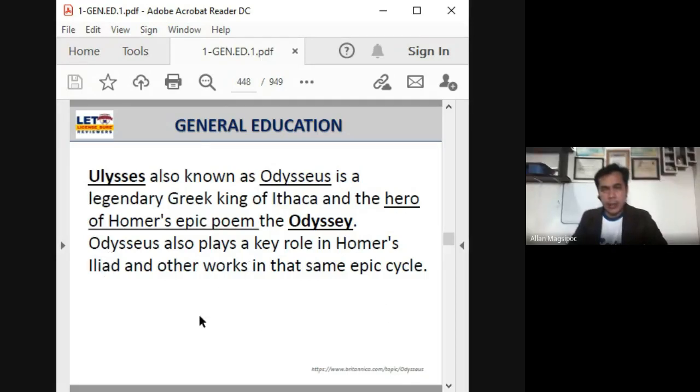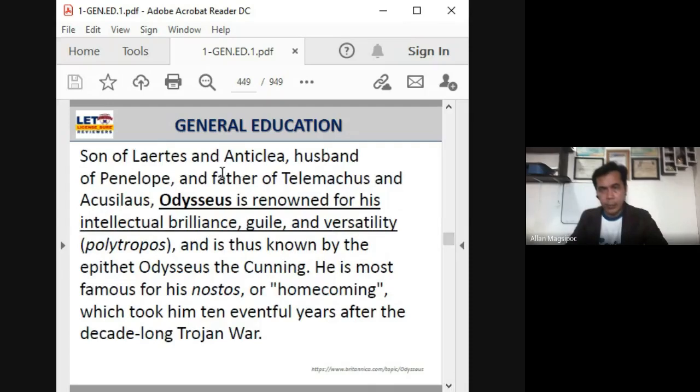He is the son of Laertes and Anticlea, the husband of Penelope, the father of Telemachus and Polypoites. Odysseus is renowned for his intellectual brilliance, guile, and versatility, and thus known by the epithet Odysseus the Cunning.